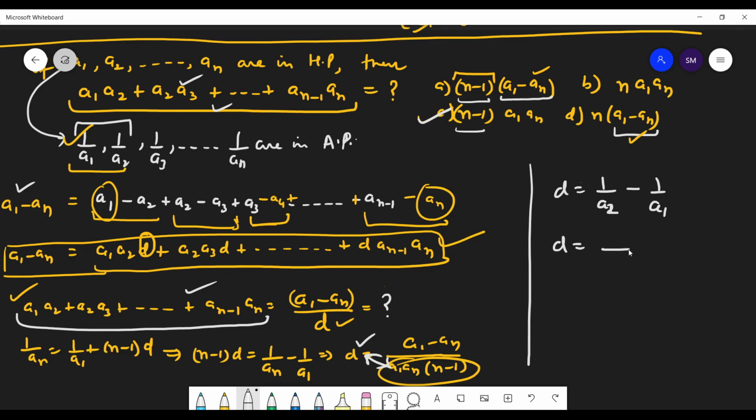So d will be equal to a1 minus a2 upon a1 a2, and a1 minus a2 will be equal to d into a1 a2. So I get this value of a1 minus a2 as d(a1 a2). I put this value over here, and then again I put the value. This is a very simple thing that I have done.